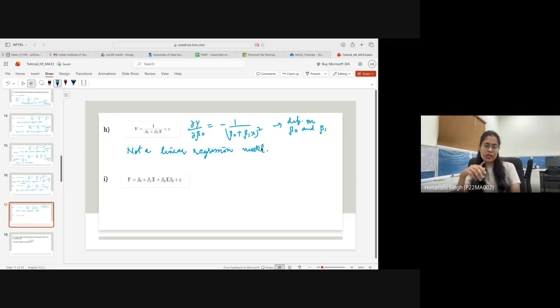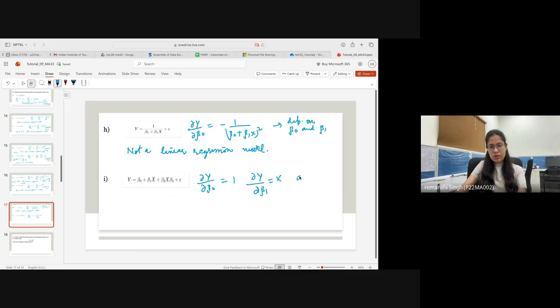Now consider the third one. It is y equals beta naught plus beta 1 x plus beta 2 x to the power beta 3 plus epsilon. Del y over del beta naught is 1, no problem. Del y over del beta 1 is x, no problem.